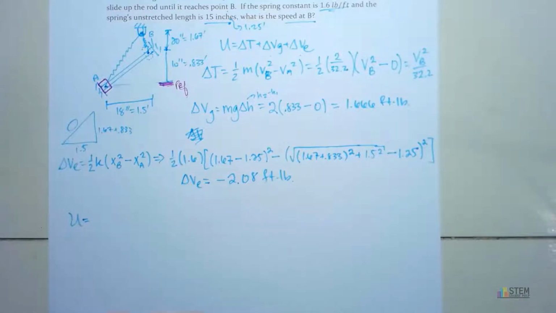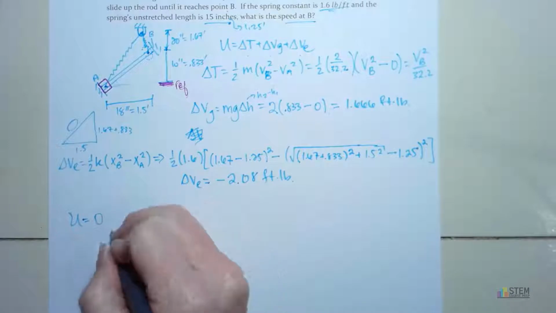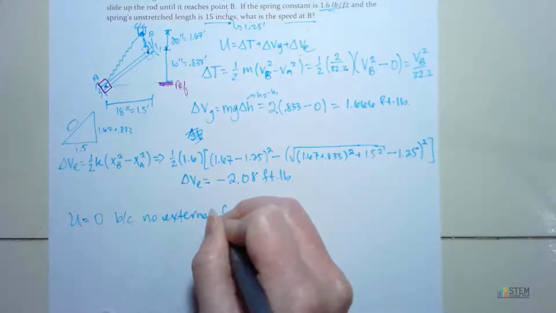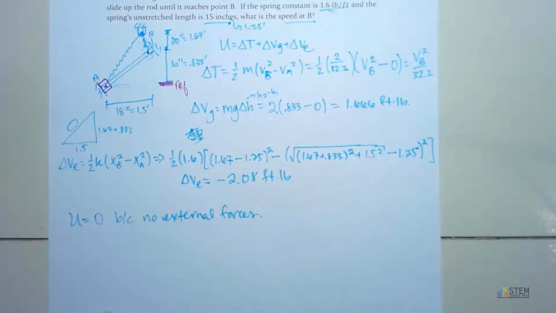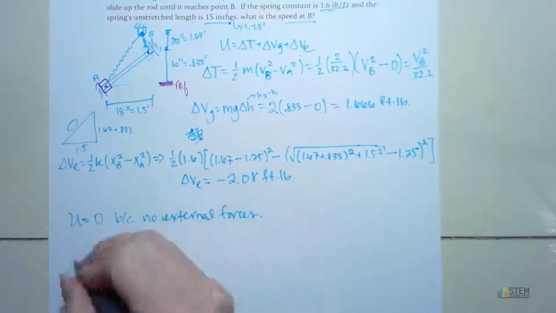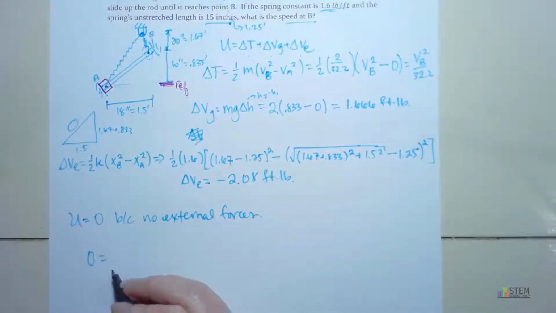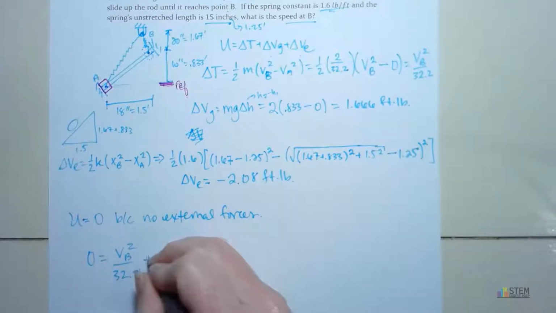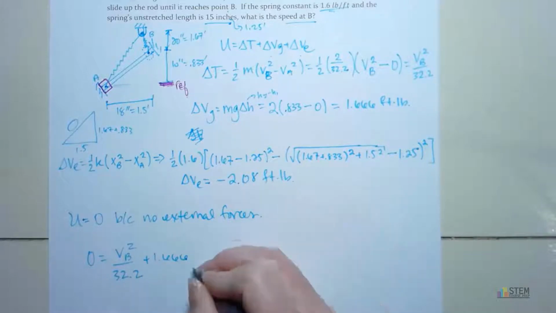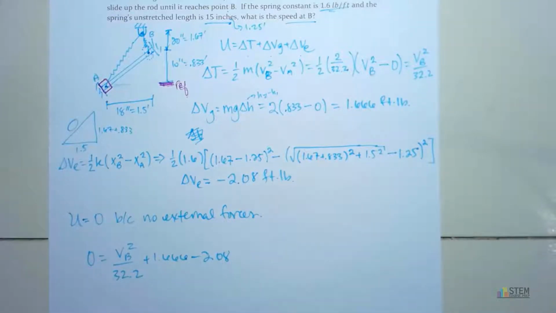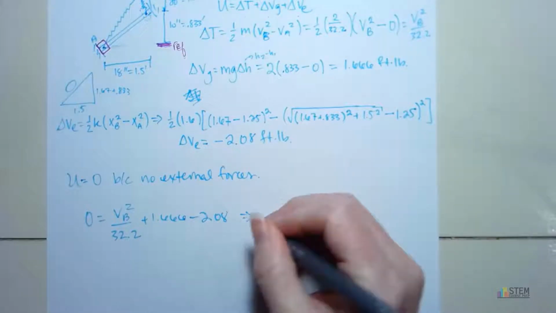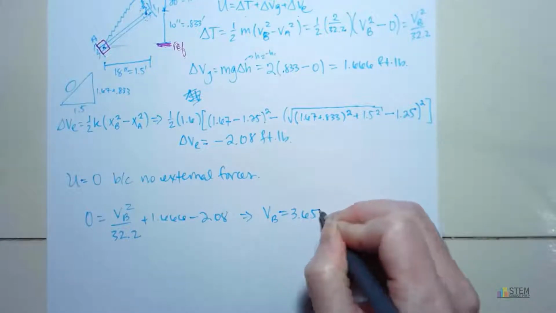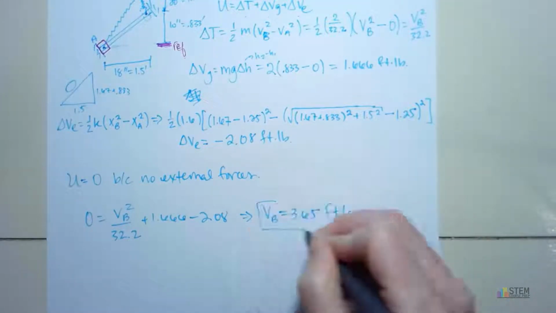I don't have anything, so this is going to be 0, because there are no external forces. We just have gravity and then the springs. That's all we got. So now the left-hand side is going to go to 0, and then we're going to set that equal to VB squared over 32.2 plus 1.666 minus 2.08. And then with that, you got your one unknown, so you can solve for VB, and you get 3.65 feet per second.